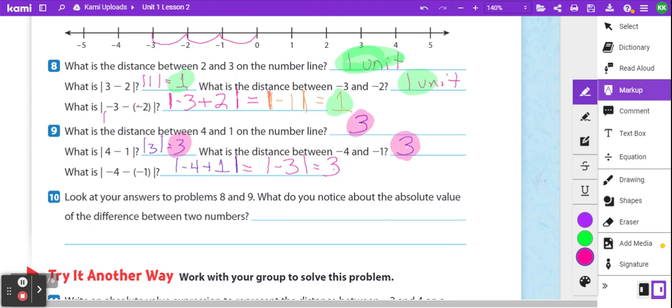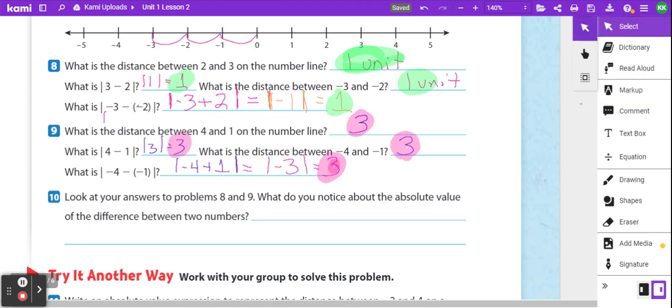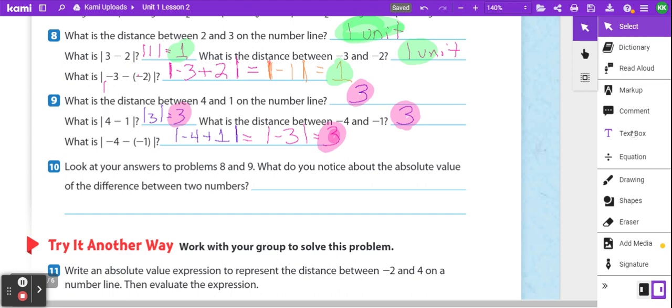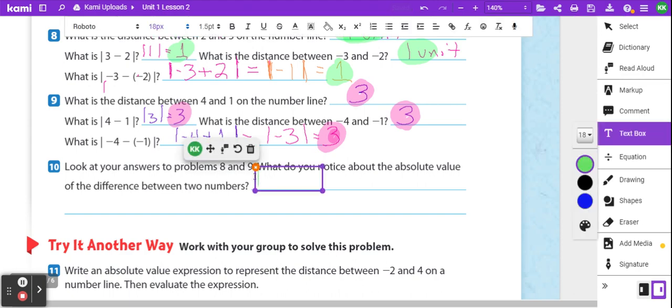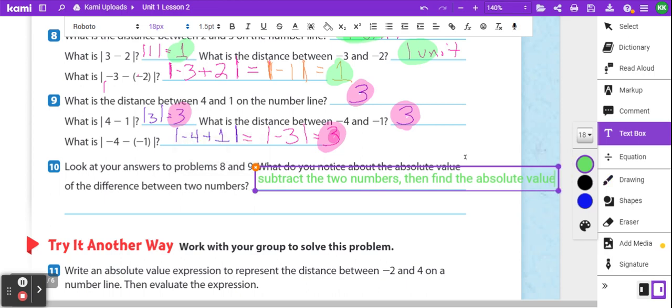And it worked the exact same way in question 9. The distance was the absolute value. So to find the distance between two numbers on the number line, you can subtract the two numbers and find the absolute value. Let me move that down so you can see it.